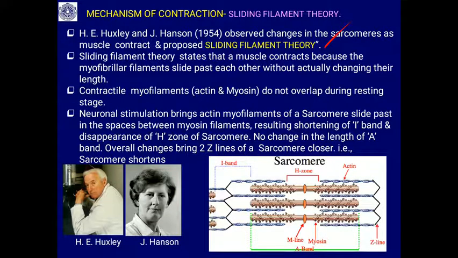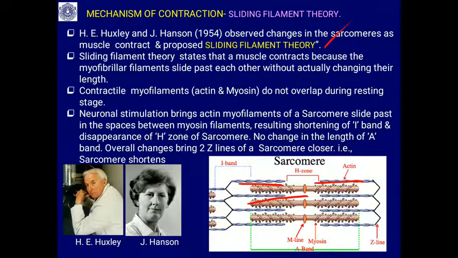It states that muscle contracts because myofibril filaments slide past each other without actually changing their length. During contraction, the actin filaments slide past in between the myosin, without changing in length, so the sarcomere shortens.